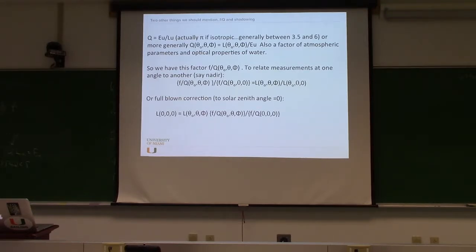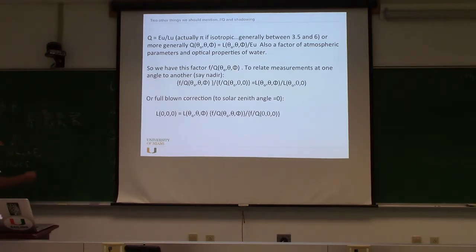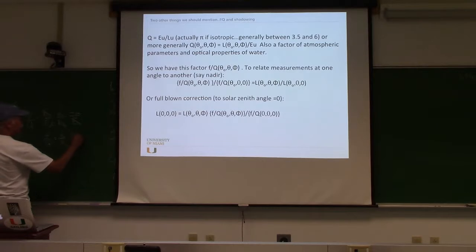So we put the whole thing together. We get F is equal to EU over ED times A over BB. And if I divide that by Q, so I want to take the inverse of this, LU over EU, this cancels that, we get F over Q is equal to A over BB times LU over ED.